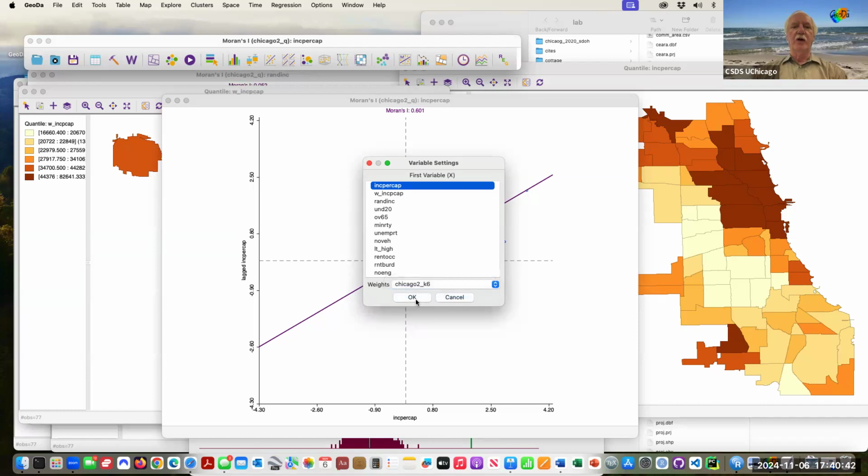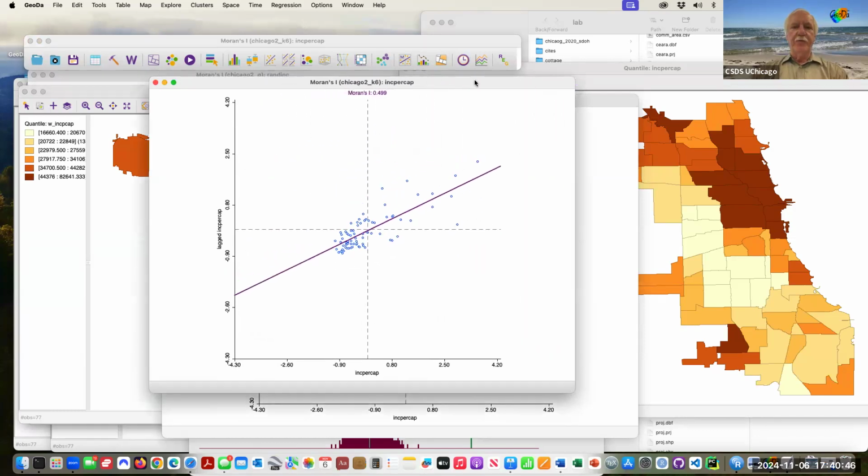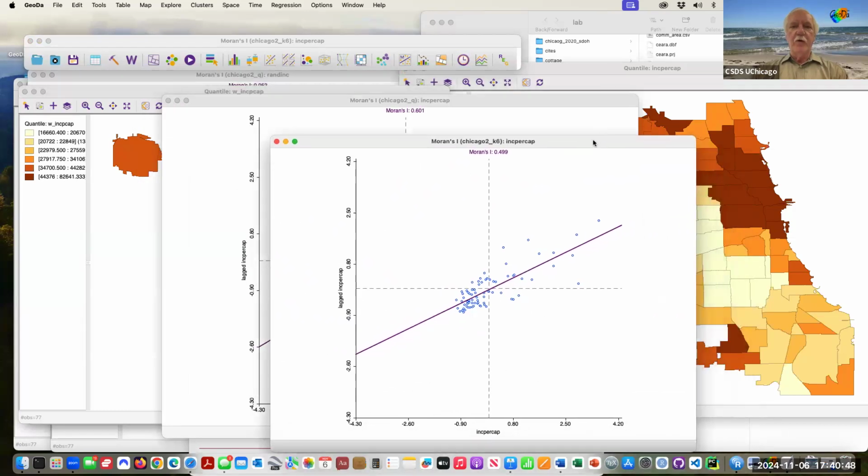You have with the queen, we had 0.601. Now we have 0.499. Oh, you might say, this is much less correlated.